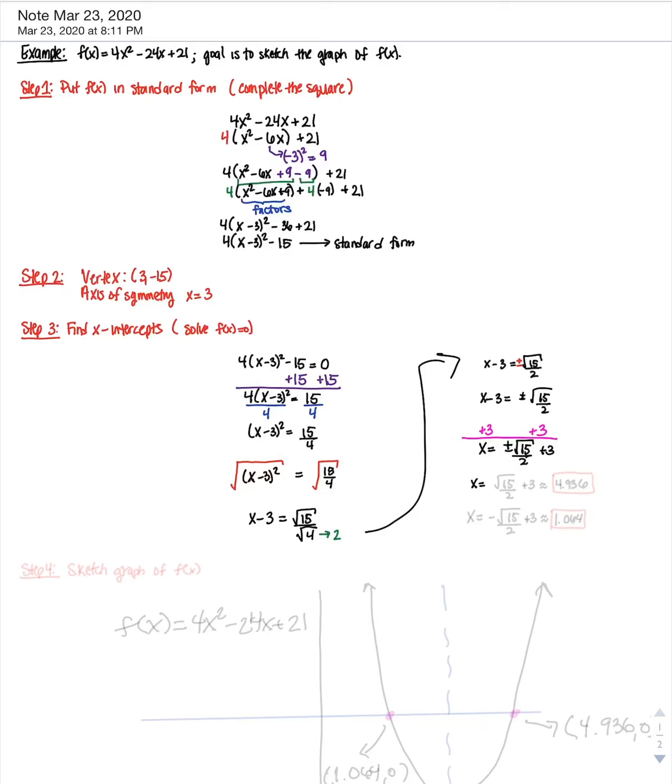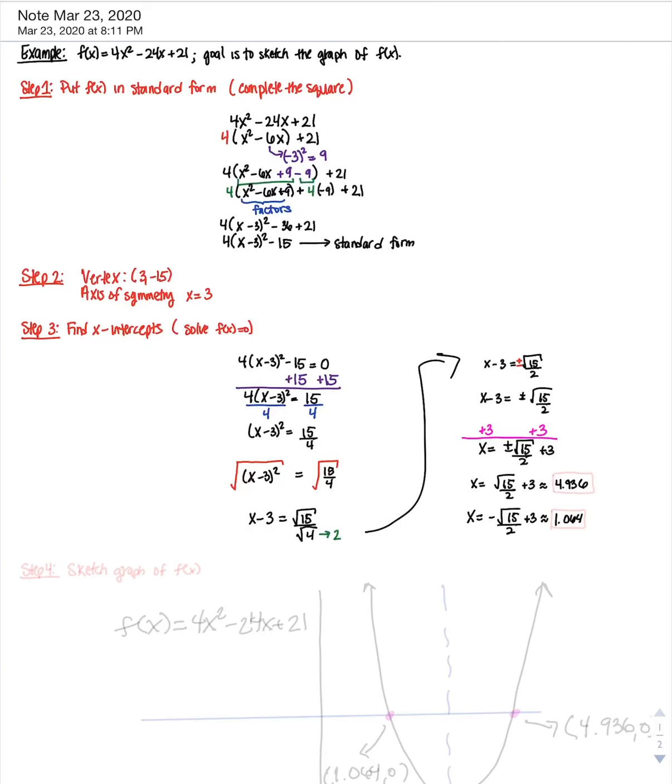We have the positive square root of 15 over 2 plus 3, which is approximately 4.936. And then we have the second value of x when we have negative the square root of 15 over 2 plus 3, which is approximately 1.064.